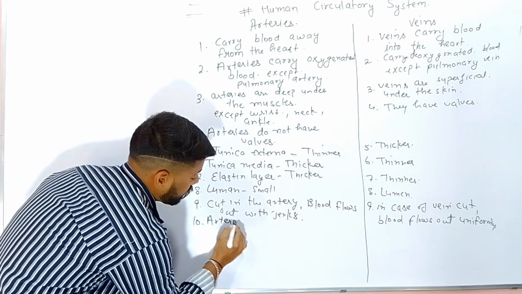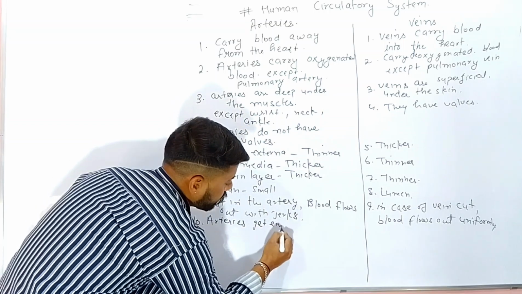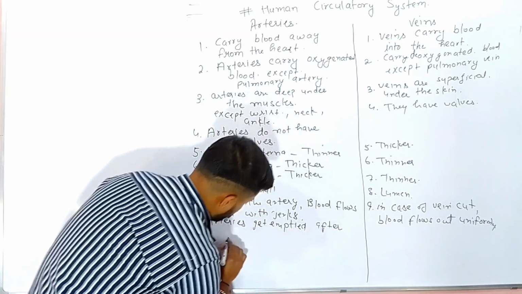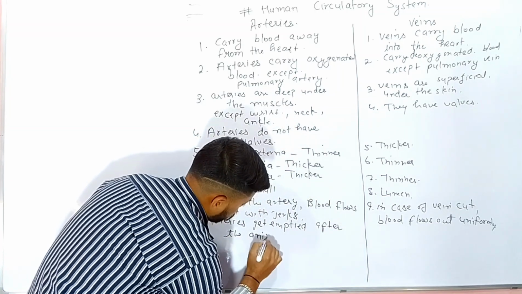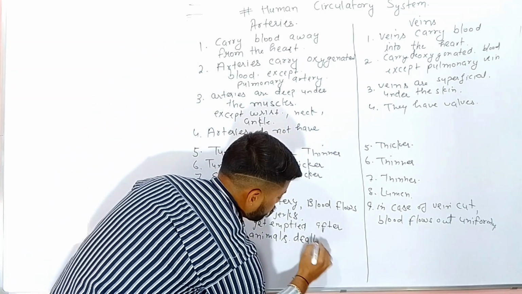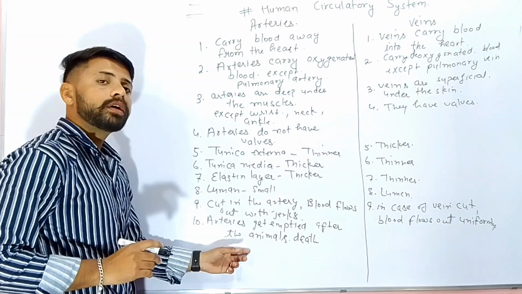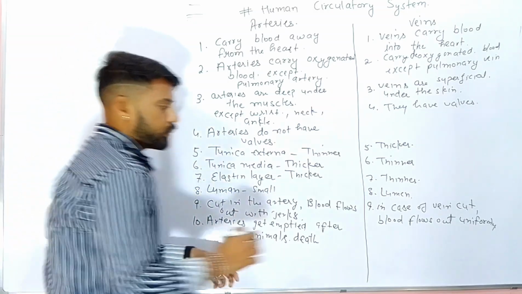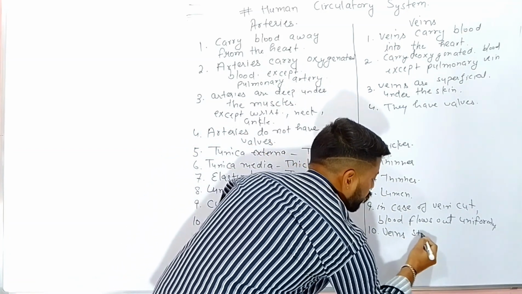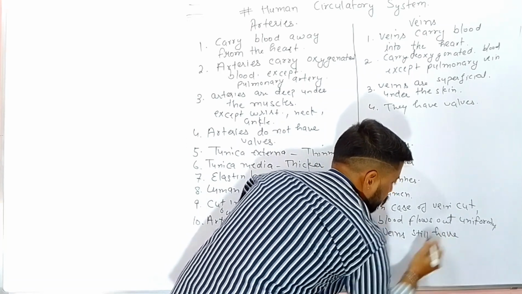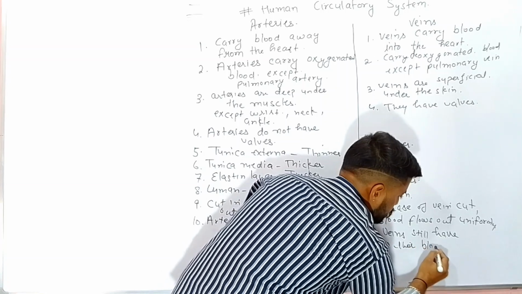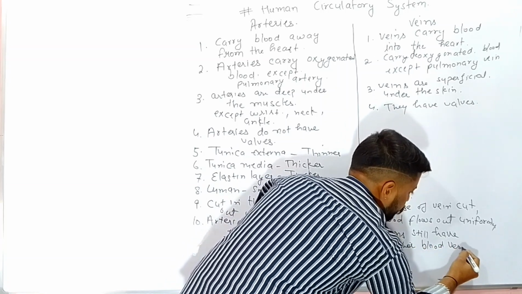Arteries get emptied after an animal's death, and arteries also get emptied in the case of a human being's death, whereas veins still have blood in their blood vessels, or we can say capillaries.